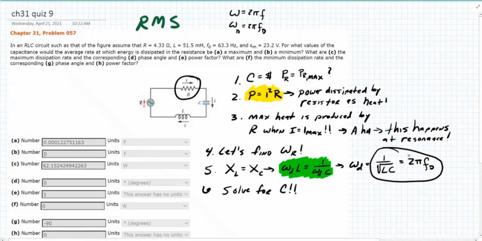Do I know the value of 2 pi? Yes, I do. Do I know the value of my driving frequency? Yes, I do. It is given right here. So I know everything on the right side. Do I know the value of my inductor? I do. So then solve for C.